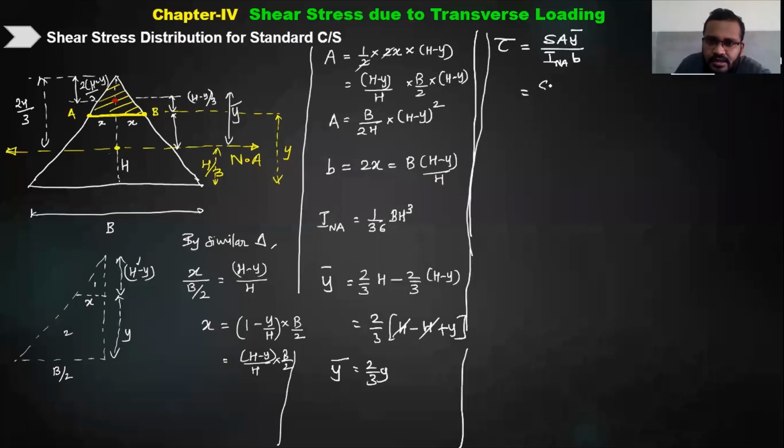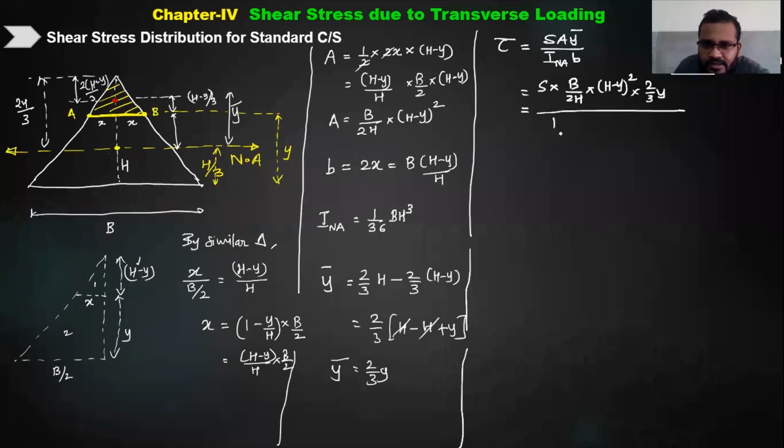S is as it is, the area is b by 2h into (h minus y) the whole square, area into y bar is 2 by 3 y, upon the neutral axis inertia, which is 1 by 36 b h cube, into b, which is b into (h minus y) upon h.